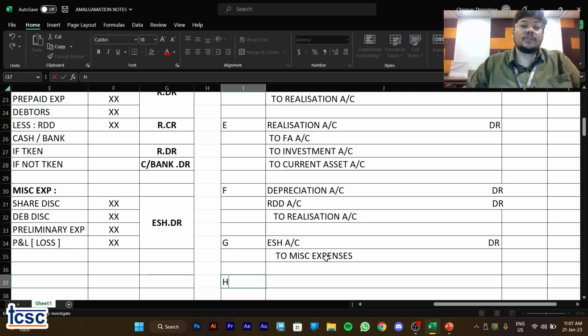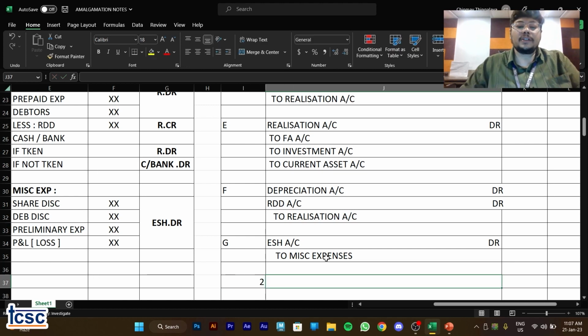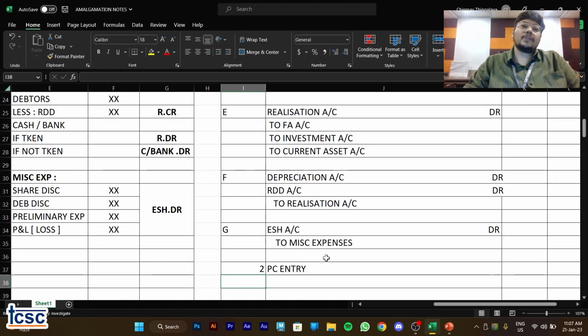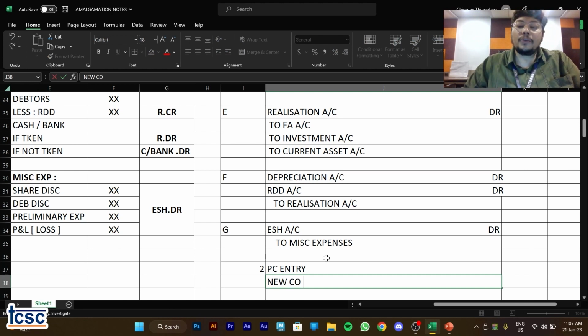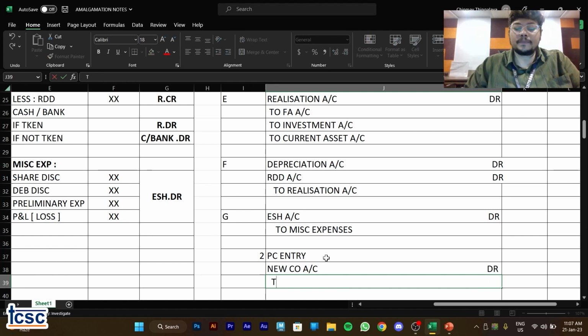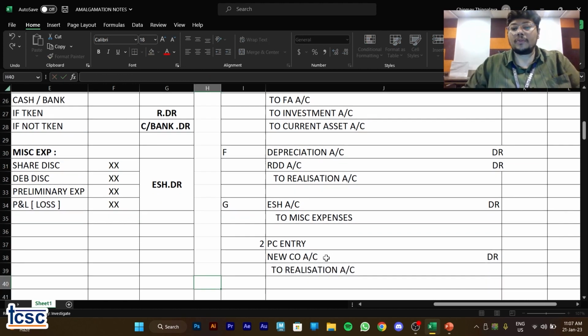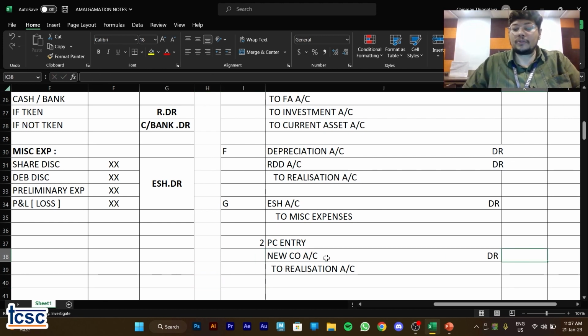The next part after transfer is your PC entry. Now since the new company is going to take over the business, the journal entry will be new company account debit to realization account, and here we are supposed to post the PC amount.